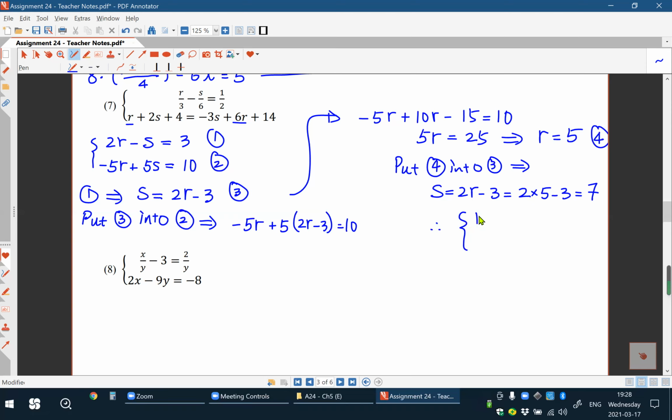Our solution is r equals 5 and s equals 7. Please do put the result back into the original system to verify your solution. Please have a look at this. Any questions? Let me know.